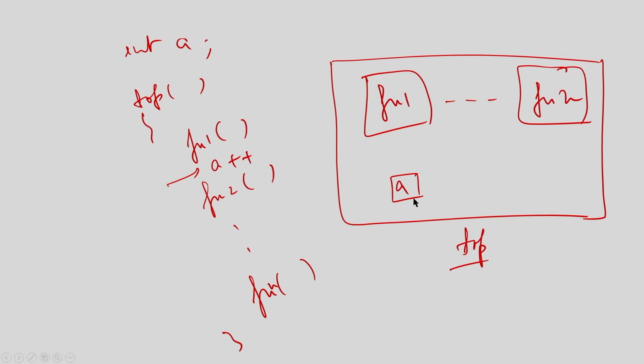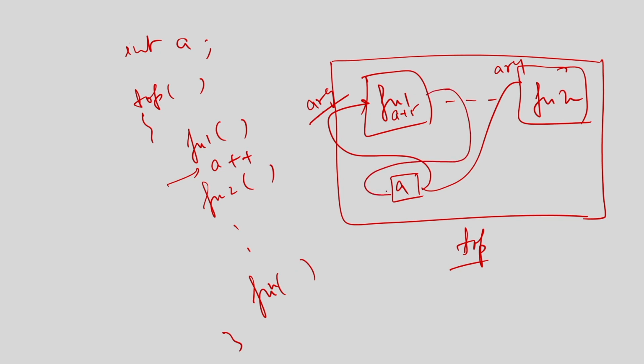Now you think about that whenever you have this a and you want to do something here, say some operation like a plus 5. You have to pass it here as an argument. If you want to access this here also, you have to create an argument. And now, if this gets its value updated, there will be an argument and it will actually update this also. So, this will create some input port or output port.